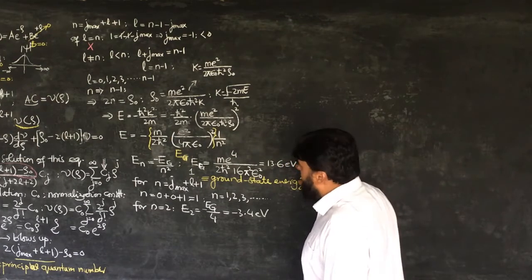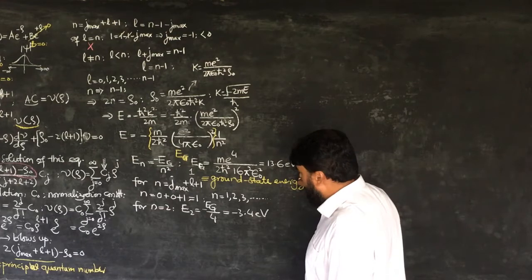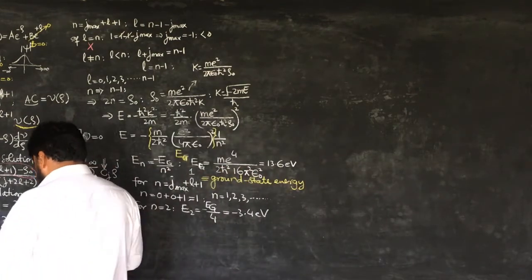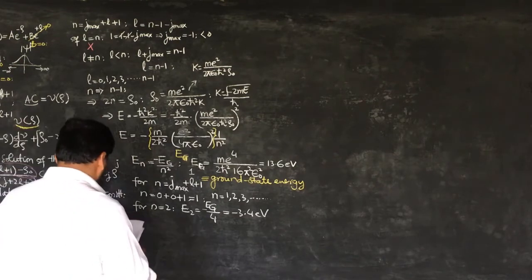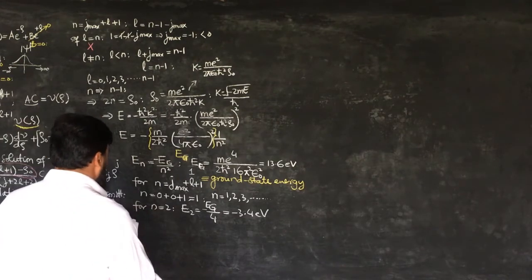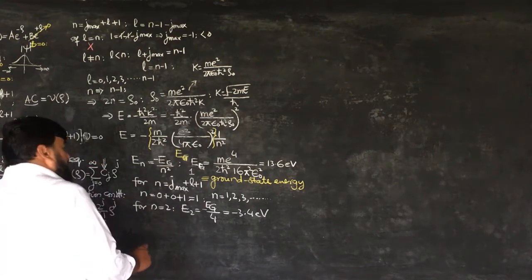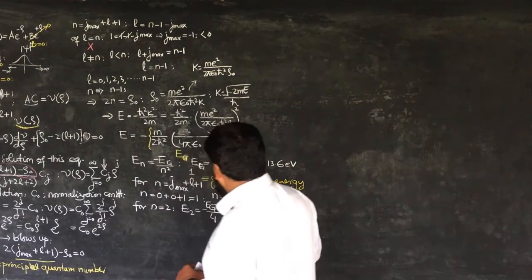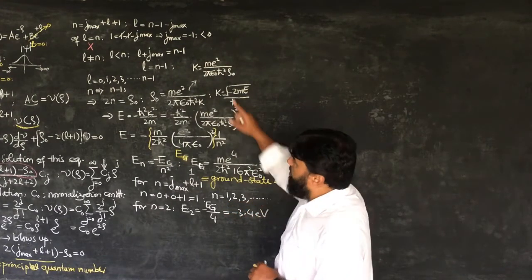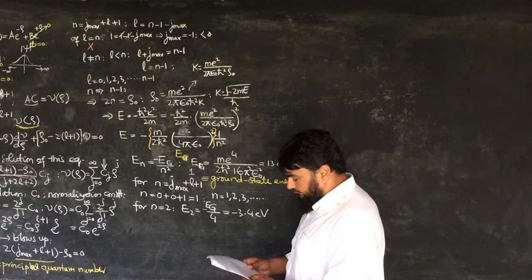This one is non-degenerate, while this one is a degenerate energy, which we will discuss later, that what is meant by degenerate and non-degenerate.